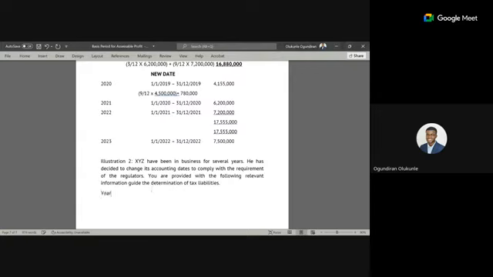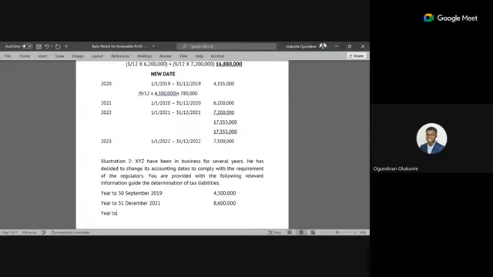So here, year to 30 September 2019, you have 4.5 million. Then year to 31 December 2021, all right, so you have 8.6 million.